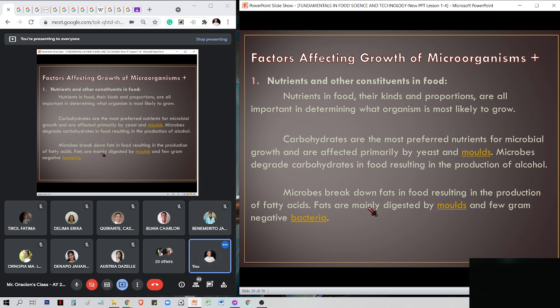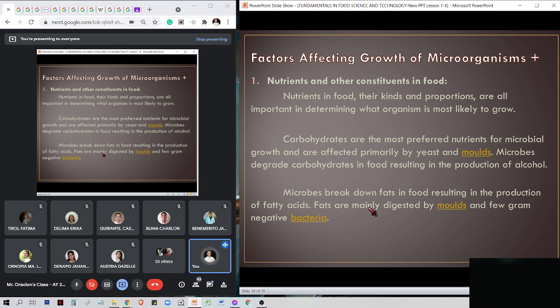Number one, which is nutrients and other constituents in food. Nutrients in food, their kind and proportions are all important in determining what organism is most likely to grow. Carbohydrates are the most preferred nutrients for microbial growth and are affected primarily by yeast and molds.